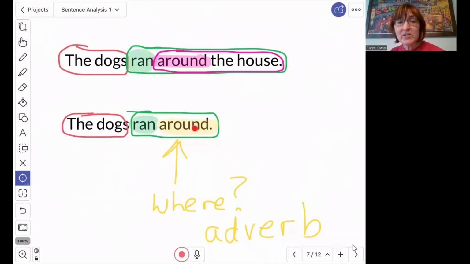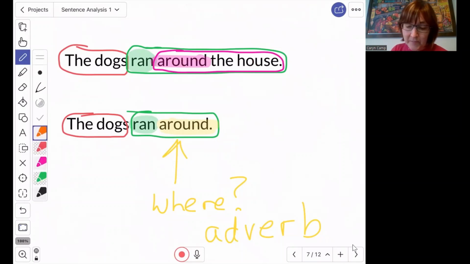If it can answer the question when or where all by itself in just one word, it's being an adverb. If there's a noun after it and we need to include that in the phrase, where did the dogs run around the house, then here around is being a preposition.